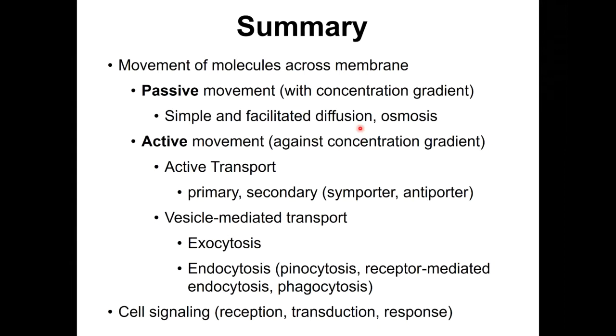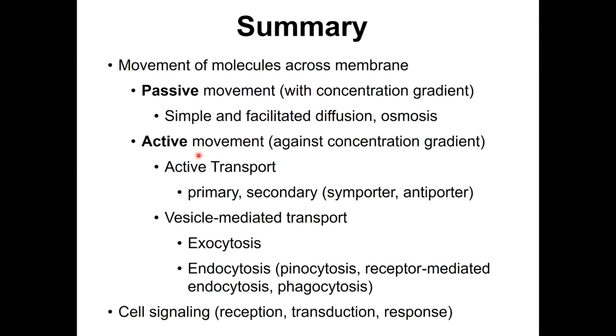When molecules cannot move across the cell membrane, you might still have water doing a similar movement, which doesn't require energy. In this case, it's referred to as osmosis. In this case, the movement will go against the concentration gradient of the solutes. Then we talked about the second type, active movements. We have transporters that can move one molecule at a time against the concentration gradient.